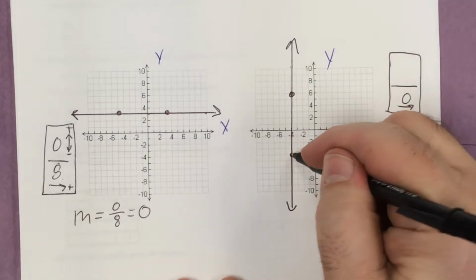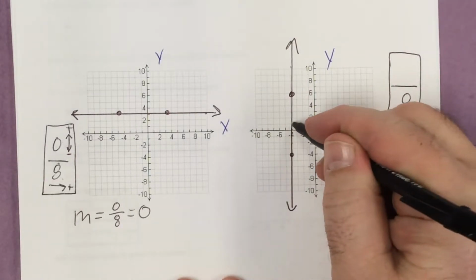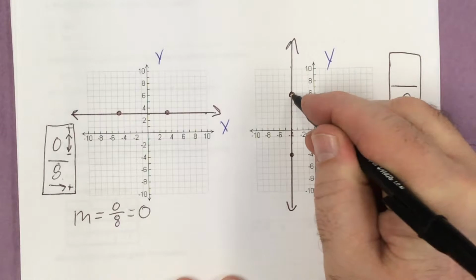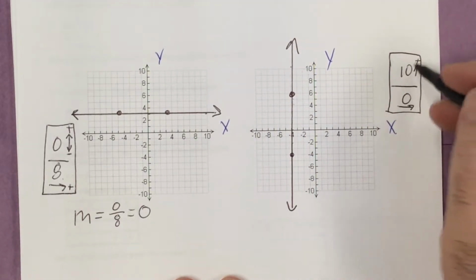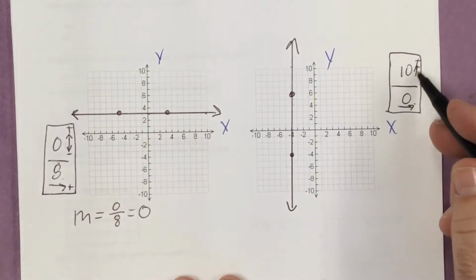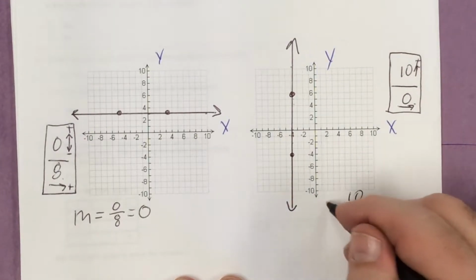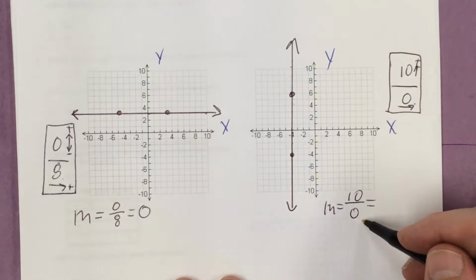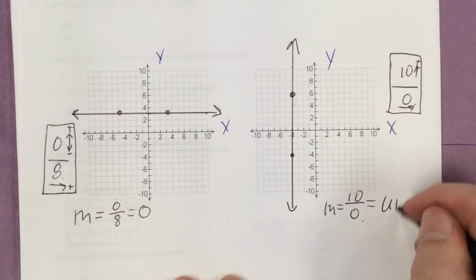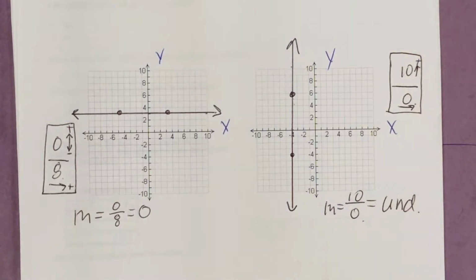However, from this point to this point, we go up 1, 2, 3, 4, 5, 6, 7, 8, 9, 10. So we're going up positive 10. So that's going to be positive 10 here, but a 0 here. And as everyone knows, if you take 10, set that equal to m, and I divide that by 0, 10 divided by 0, do it on your calculator, you're going to find that that slope is undefined.